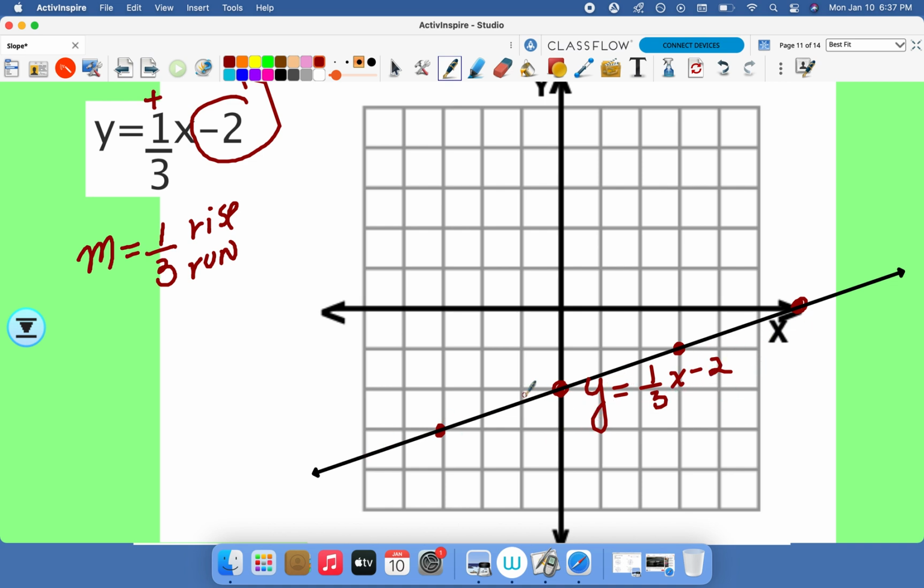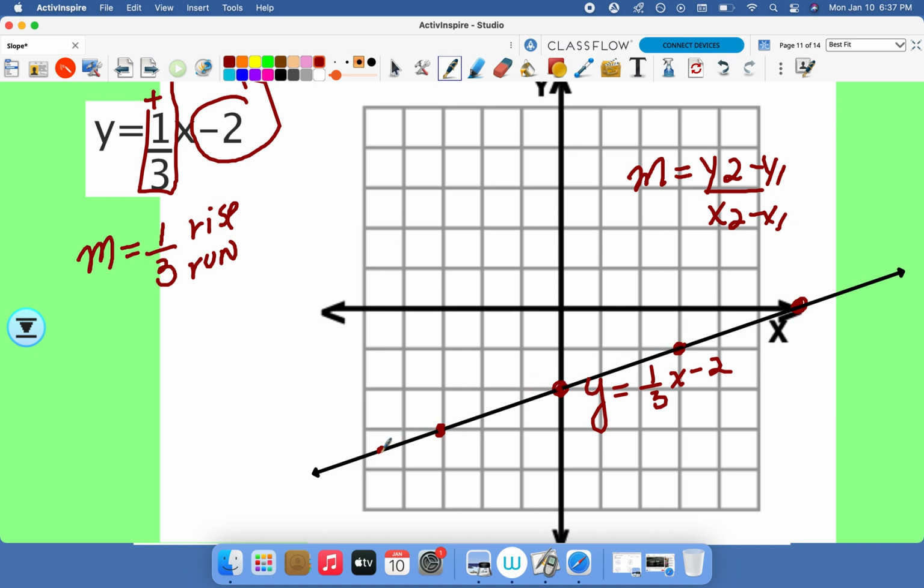And again, take your time. If you want, pick any of these points right here, the exact ones whose values you can actually figure out. And if you want to try it out, do this, and you should get the slope of 1/3. So pick this point here, or this point, or that point.